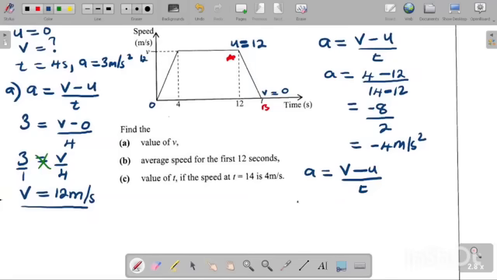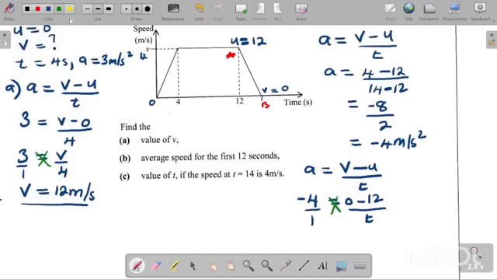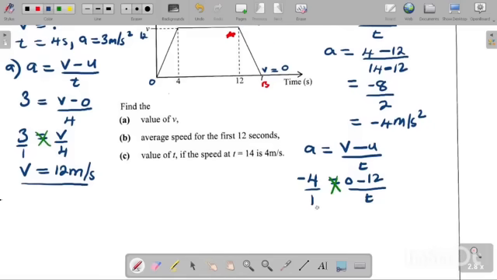So negative 4 is equal to 0 minus 12, divided by time t. Cross multiplying, we have negative 4t is equal to negative 12, because 0 minus 12 is negative 12.